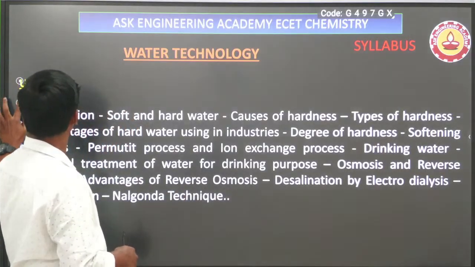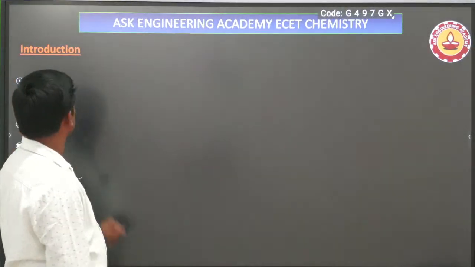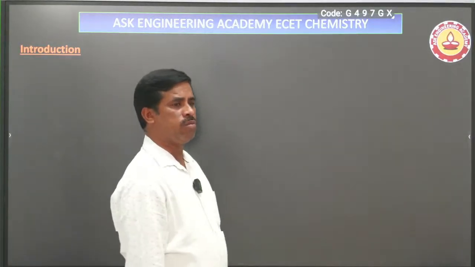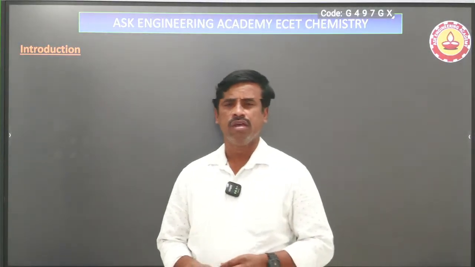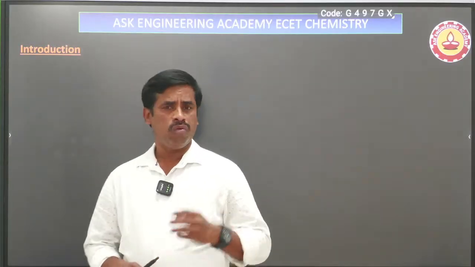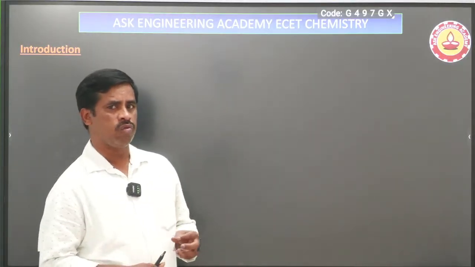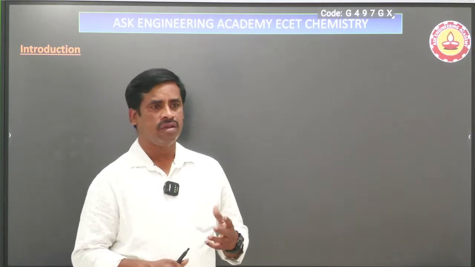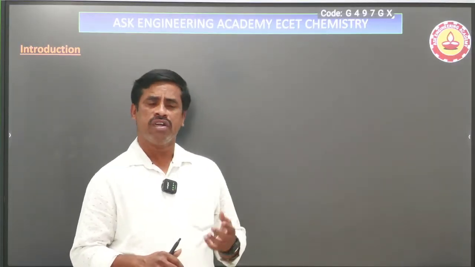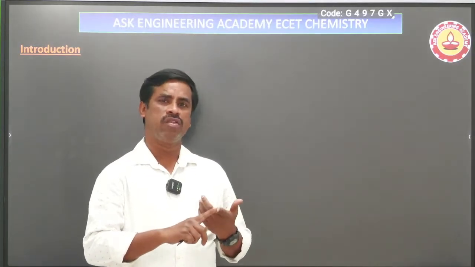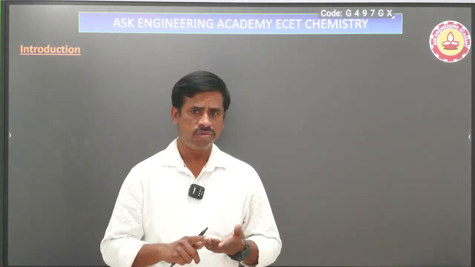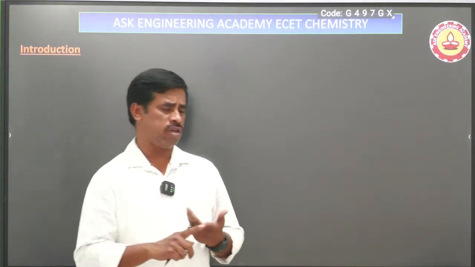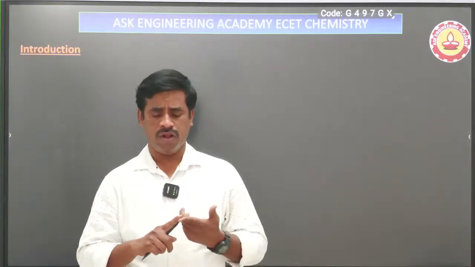You can see here. First I would like to introduce this unit. Everybody knows water is a natural source. It is obtained from different sources like surface water and groundwater. What are surface water examples?